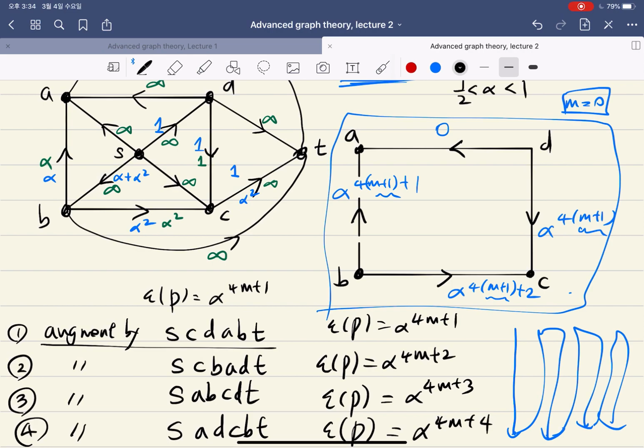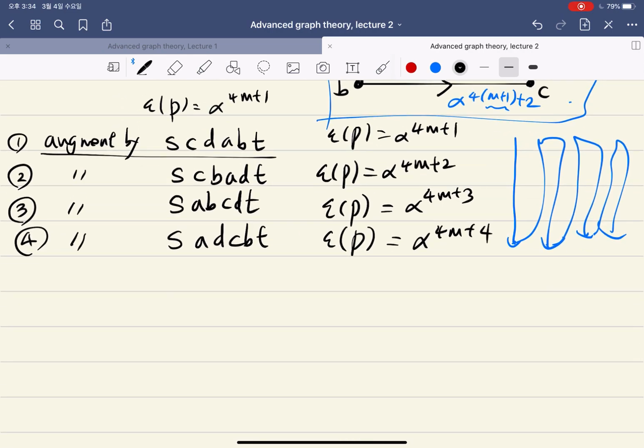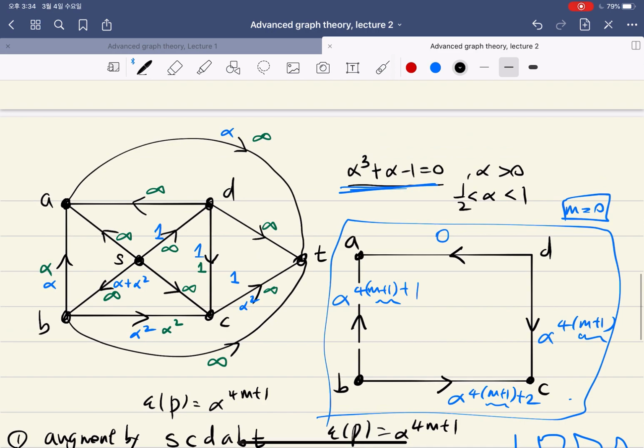And then while you're doing that, what's the value of this flow? So initially we add this 1. Sorry, I didn't write that. This was actually 1 plus alpha square, and this is alpha.